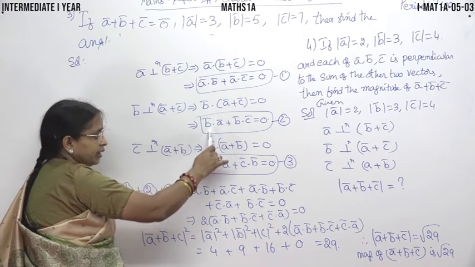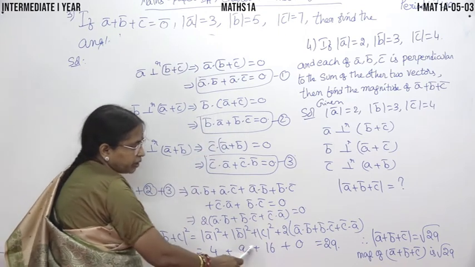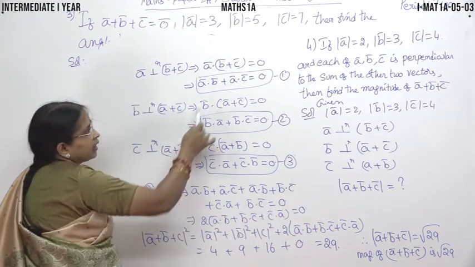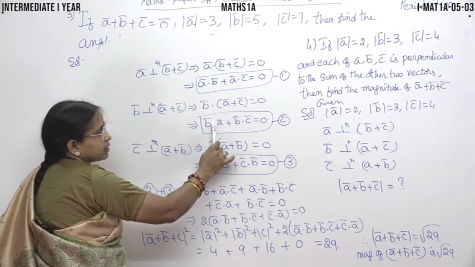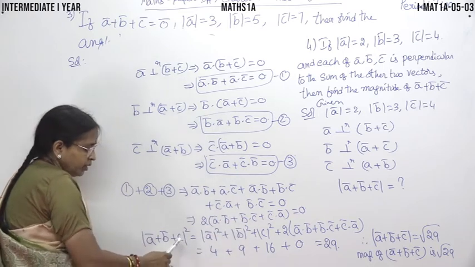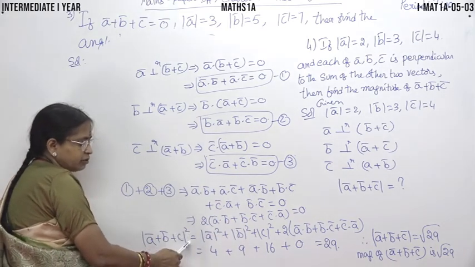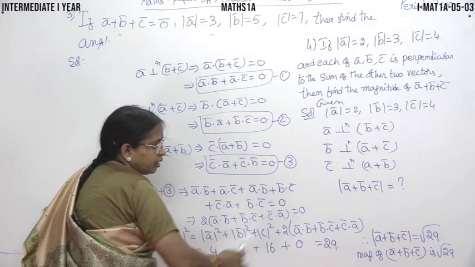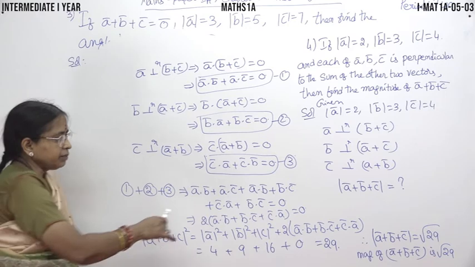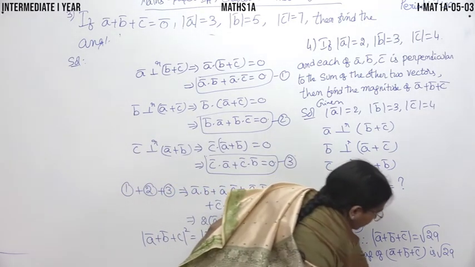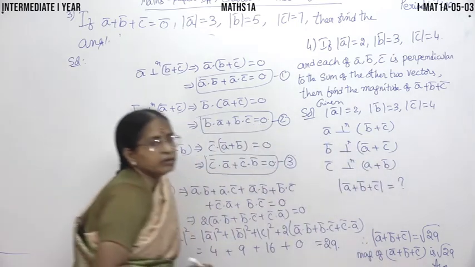Now you are adding them because in this formula you have 2 times a dot b plus b dot c plus c dot a. And we also know that a dot b is same as b dot a. So we simplified, wrote the mod a plus b plus c whole square formula directly, substituted the values and got 29. So mod a plus b plus c is root 29. That is the answer. So this problem is again very important for 4 marks.